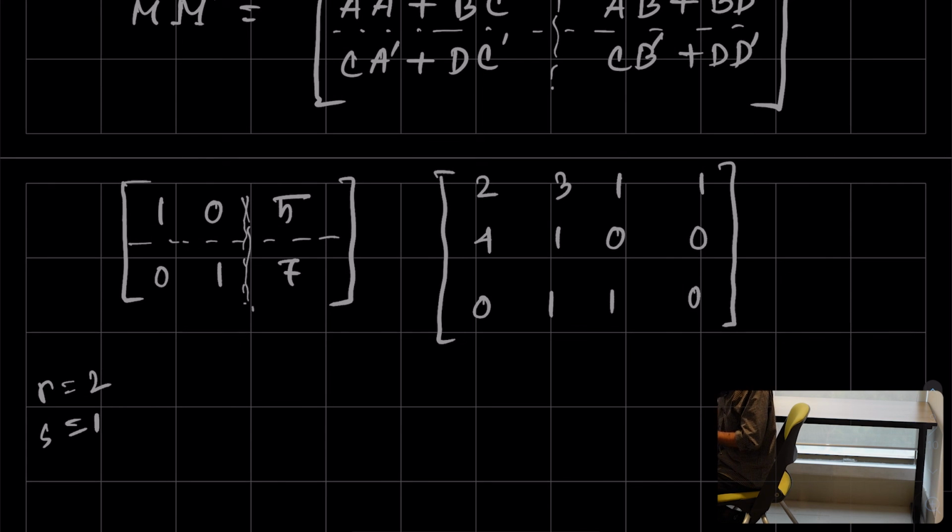So I'm taking R equals 2 and S equals 1 here. 2 plus 1 is equal to 3, and the first matrix is actually a 3 column matrix.